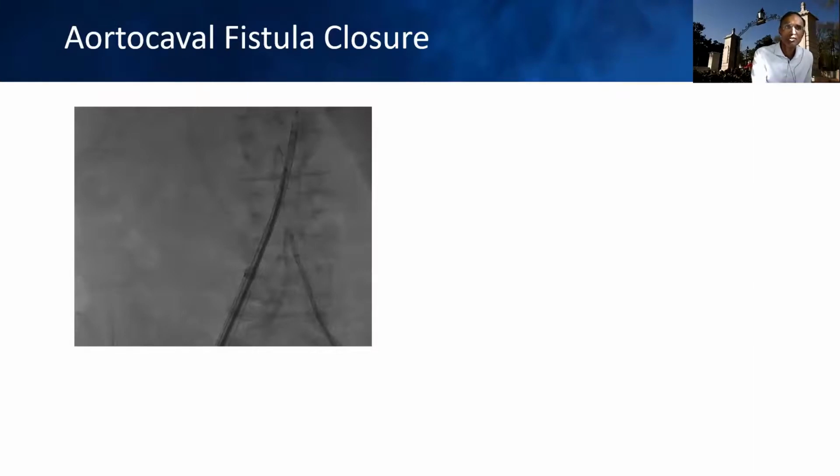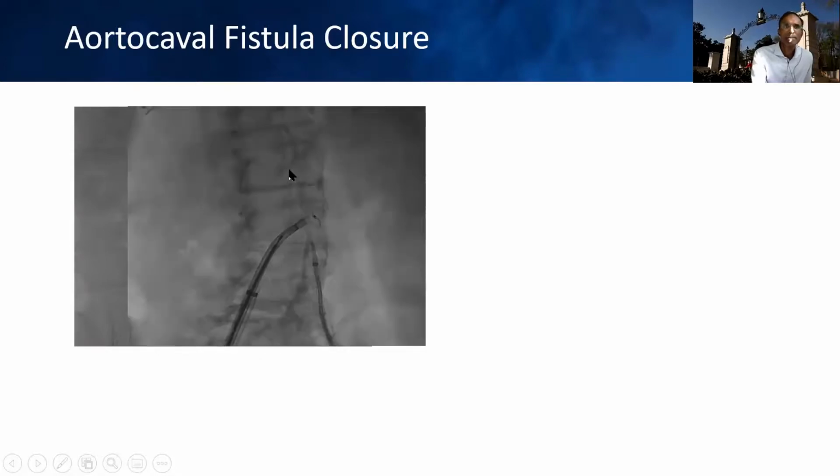So if you pull this sheath back and obstruct the orifice of the inferior vena cava portion of the fistula, then you may bleed from the abdominal aorta into the peritoneal space. But as long as the sheath is brought back very quickly and the space is open in the inferior vena cava, blood will just safely pass from the aorta to the inferior vena cava while we're trying to position the closure device.